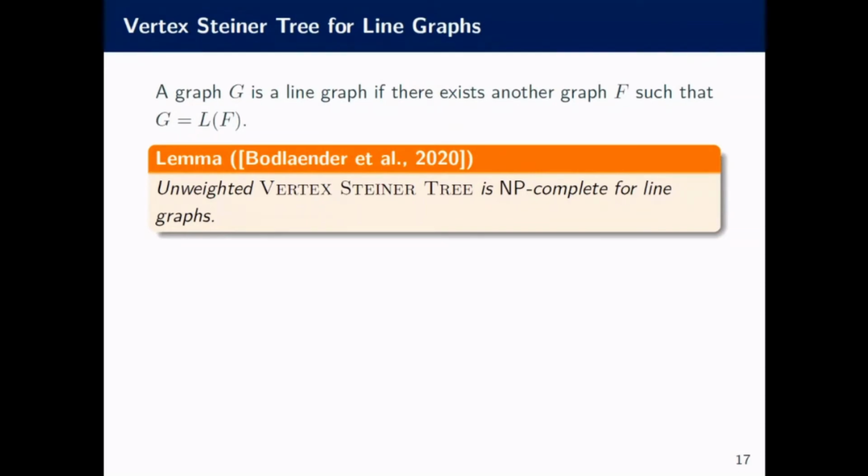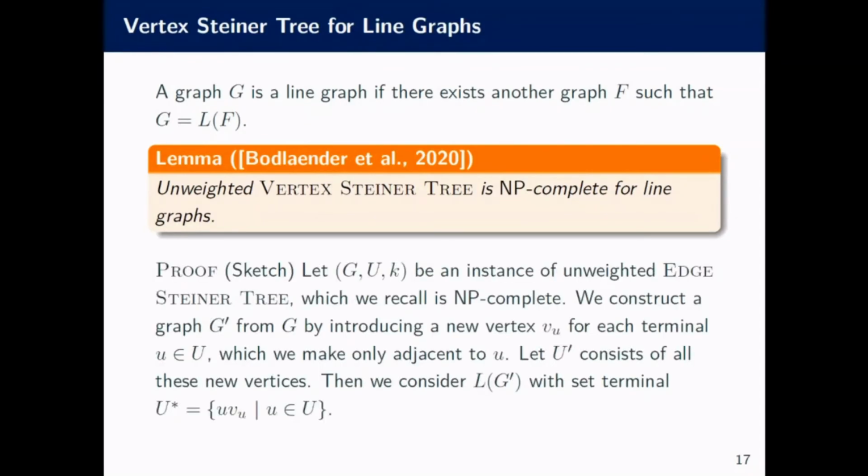One of the lemmas that we use to produce our result is the following. Unweighted vertex Steiner tree is NP-complete for line graphs. We reduce from unweighted edge Steiner tree, which indeed is NP-complete.